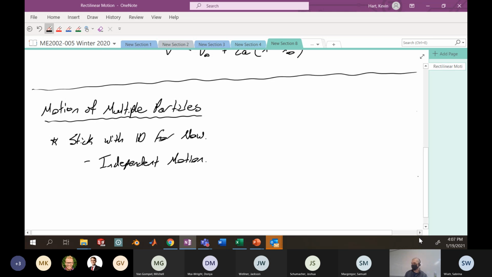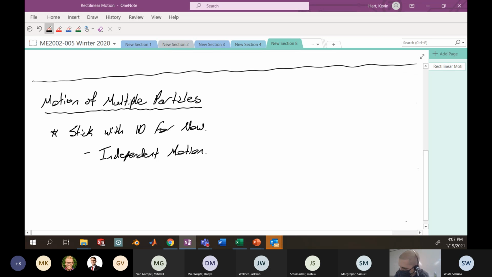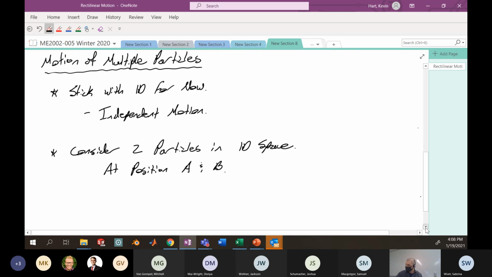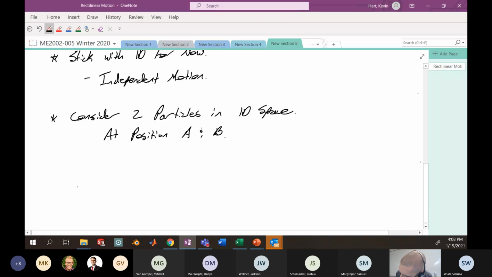All right, so let's consider now two particles that are moving in this one-dimensional space. Let's say that we have particles located at position A and position B. If we go with our typical number line style, we have some origin and some general x direction.